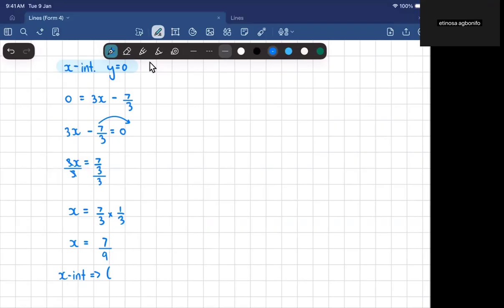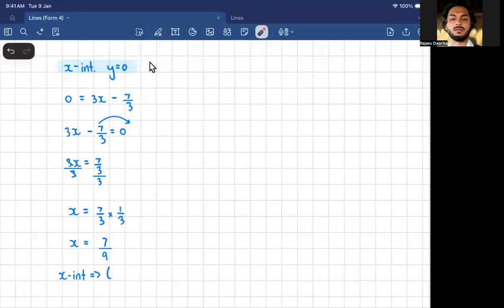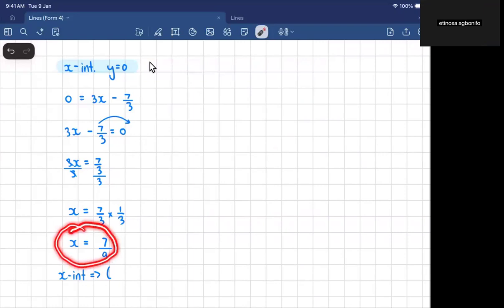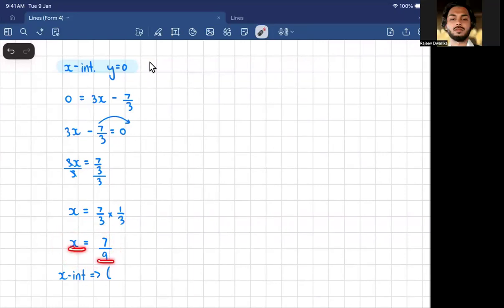We just found it. So look out for x is equal to something. 7 over 9. So we found x to be equal to 7/9.